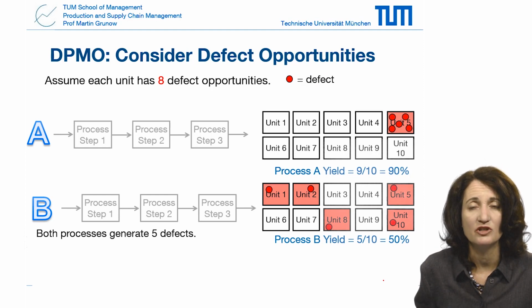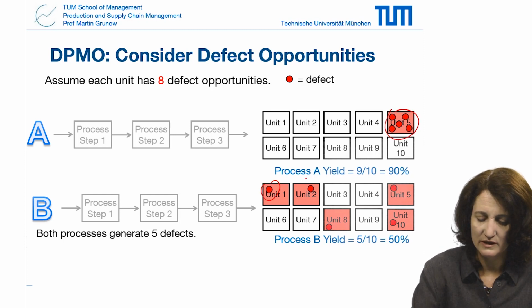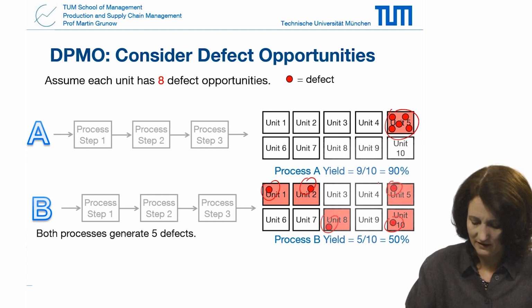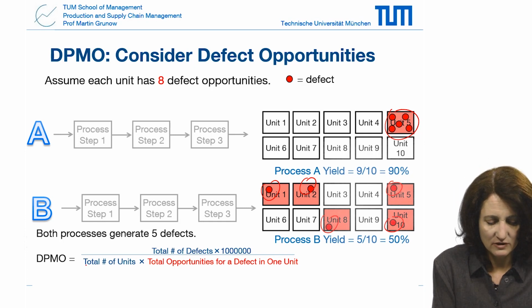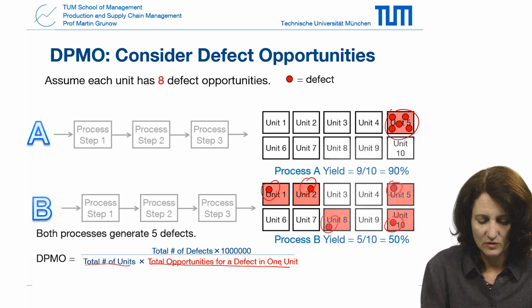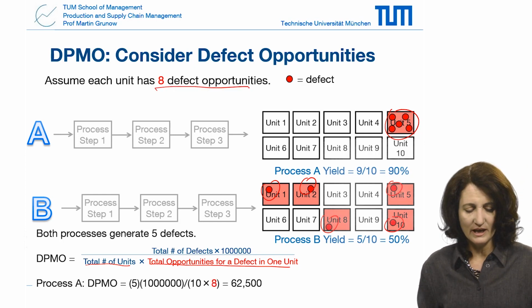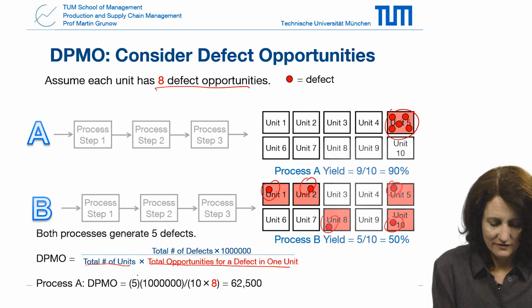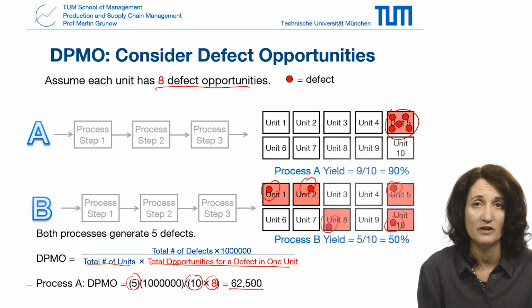Both processes are generating 5 defects. Here are 5 defects, and here are 1, 2, 3, 4, 5. So for process A, DPMO, total number of defects is 5 times 1,000,000 divided by the total number of units times the total number of opportunities for defect in a unit, and we said that was 8. So we get 5 times 1,000,000 divided by 10 units times 8. We get 62,500 as our DPMO, defects per million opportunities.